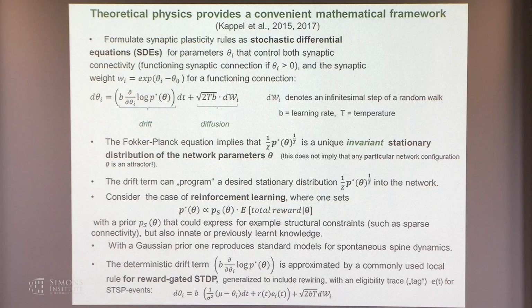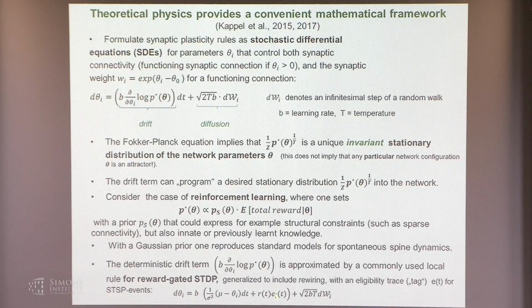Really, this could be the connectome already, that certain synaptic connections should be there, if not overruled by something else. If one plugs this into this theoretical ansatz and looks at the partial derivative which arises, one arrives at a in some sense well-known rule for reward-gated STDP.